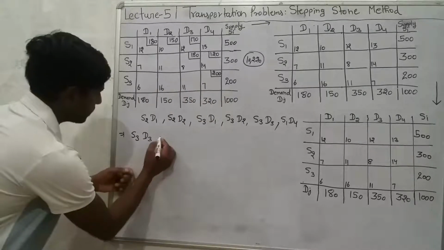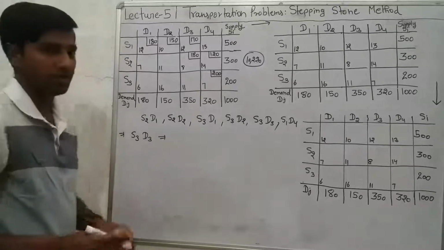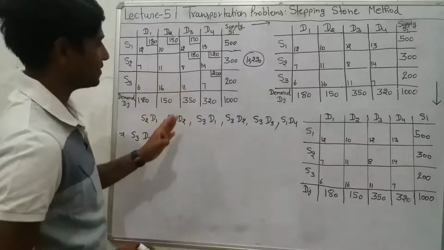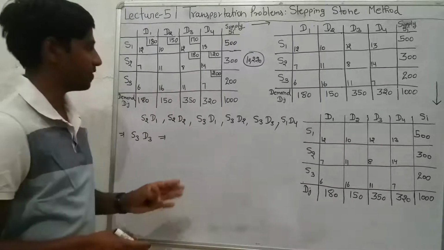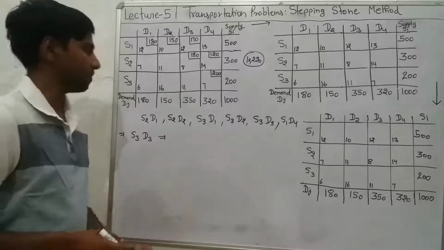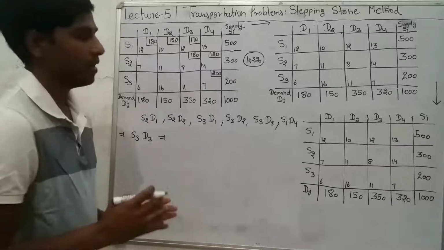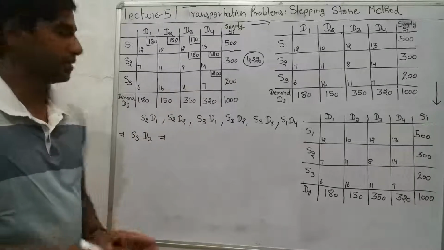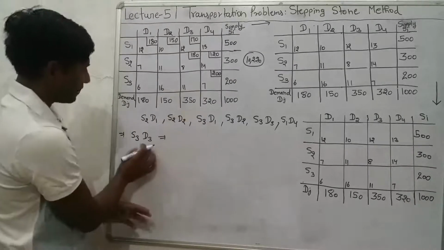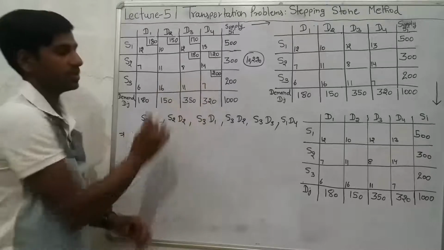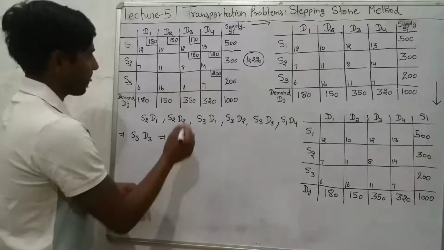And how are we going to calculate it? It is the most important part of this numerical, or these types of questions or transportation problems. We must know how to calculate the opportunity cost of the empty cells or unoccupied cells. So let's start with S3D3, with this particular empty cell.